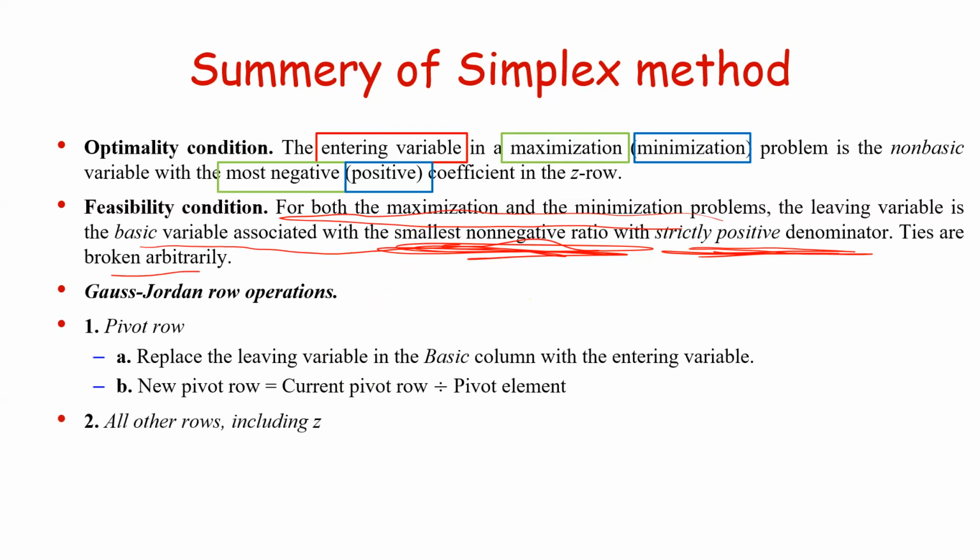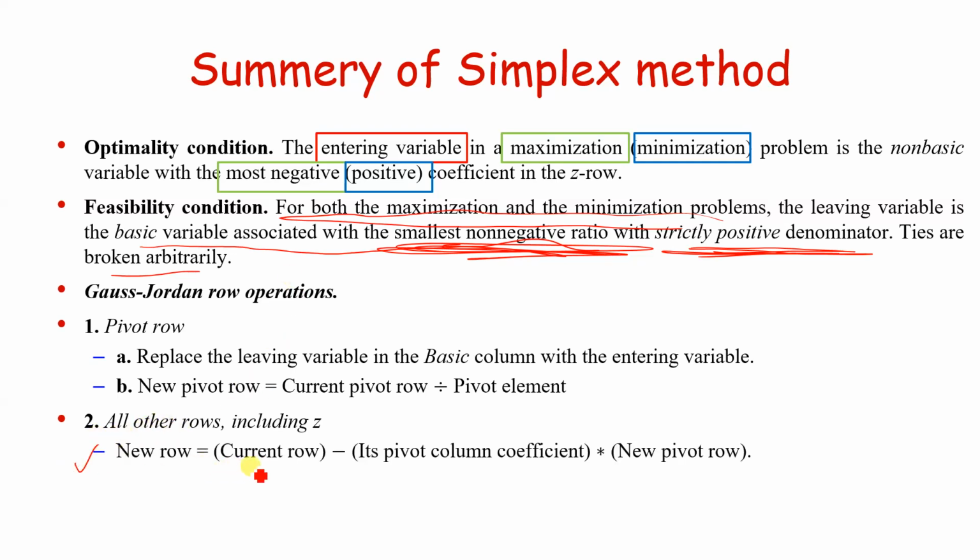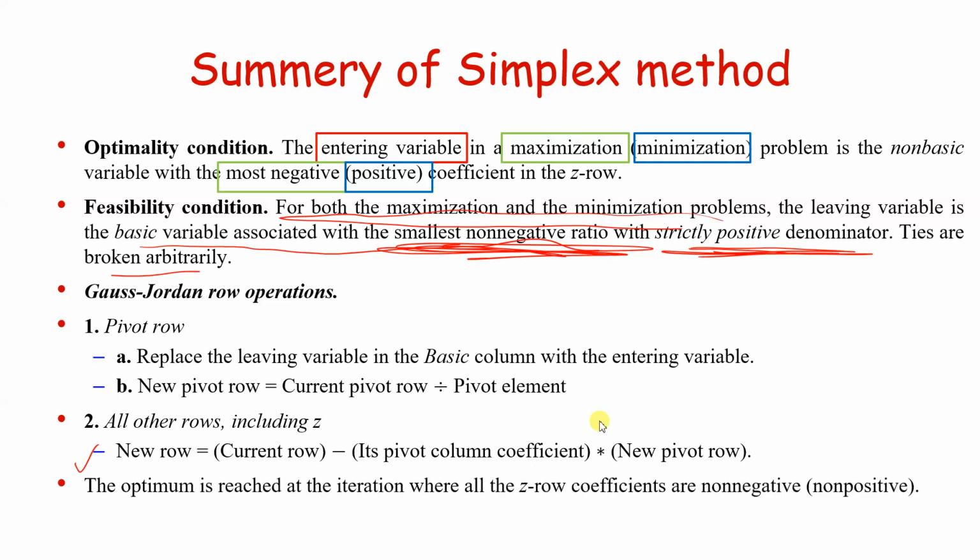And then all other rows, including row 0, are modified as: new row is equal to current row minus its pivot column coefficient times the new pivot row. The optimum is reached at the iteration where all the z coefficients are non-negative in case of a maximization problem, and non-positive in case of a minimization problem. So that is the stopping criteria.